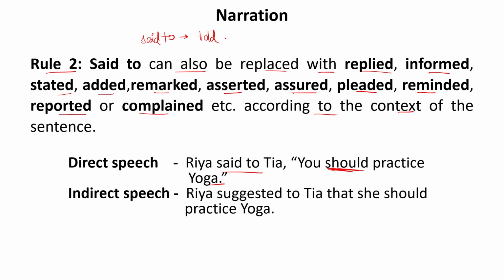Now, if we convert this sentence into indirect speech, this said to will be converted according to the sense of the sentence, that is suggested. So, Ria suggested to Tia that. Now, you is the second person pronoun which will be converted according to the object. That is, she should practice yoga. So, this will be the manner of converting a sentence into indirect speech.